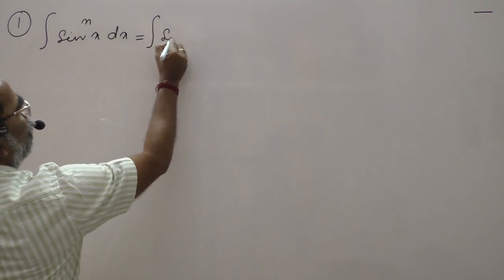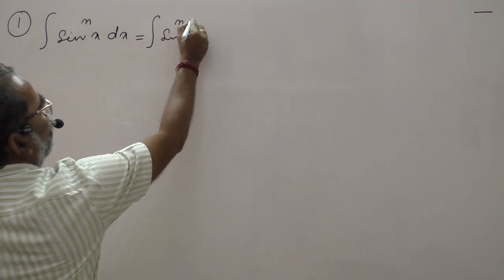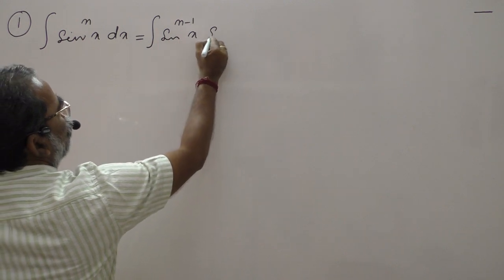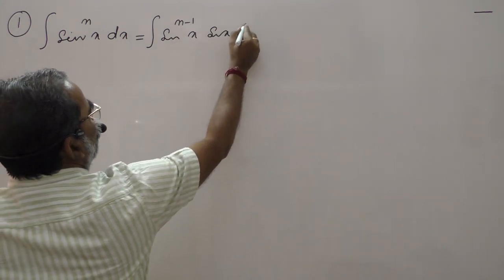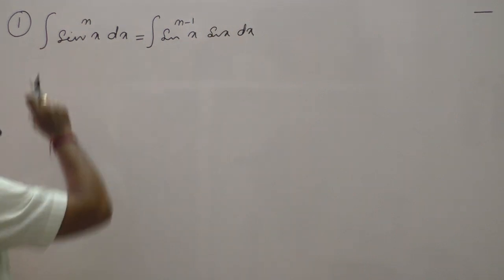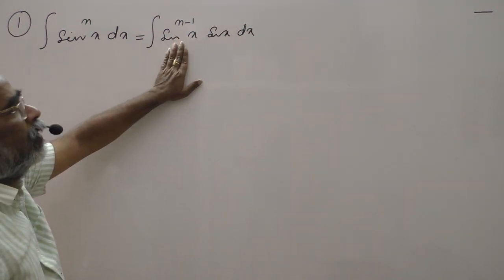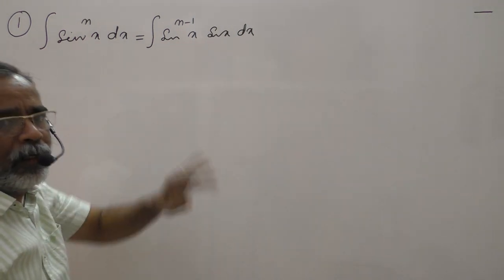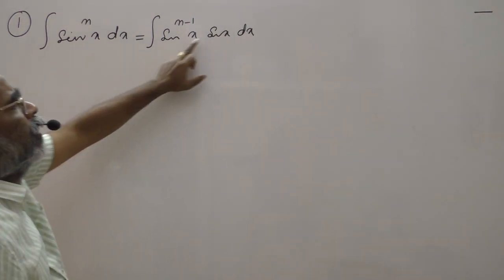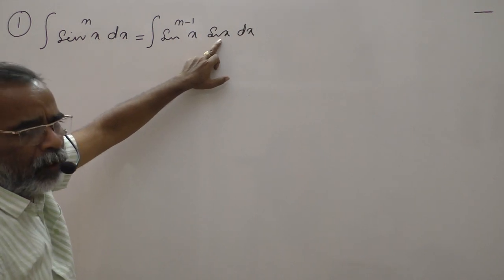I will write this as sine power n minus 1 x into sine x. So there are a total of n sines. I have written it as n minus 1 and 1, total again n only. So again here we obtained a product.